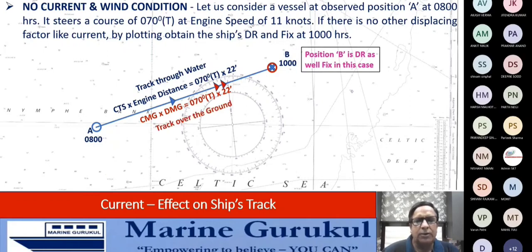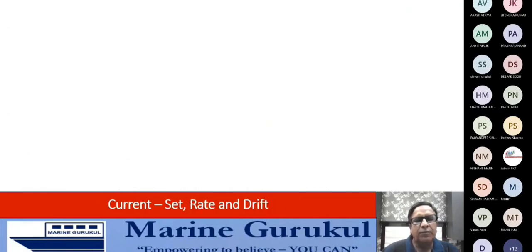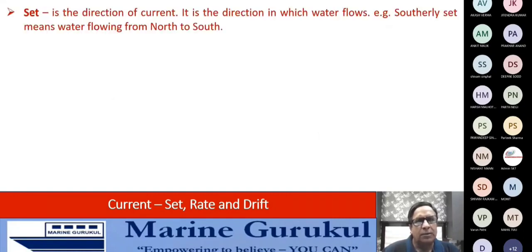And we have track over the ground represented by CMG and DMG, though both have been same in this particular case. Now, before we discuss the effect of current, we need to understand the terms that are used to describe current. The direction of the current is represented by what is called as set.